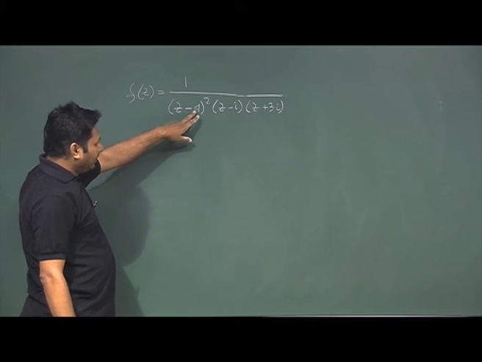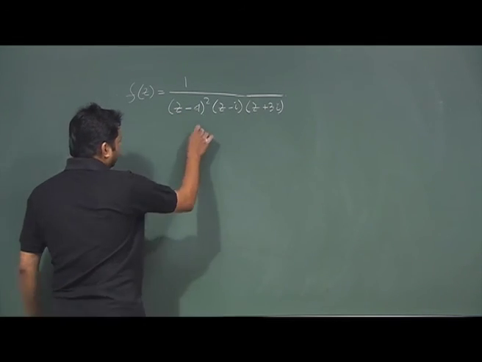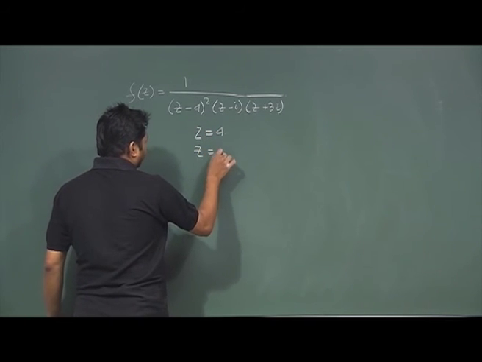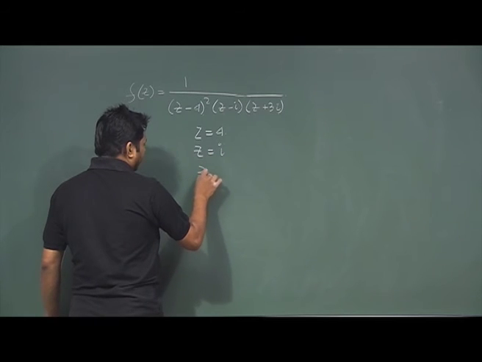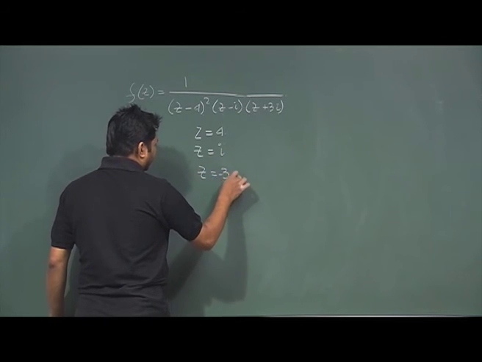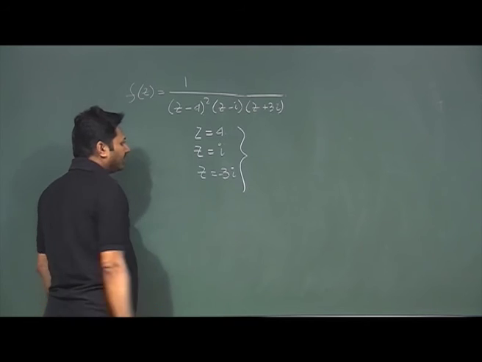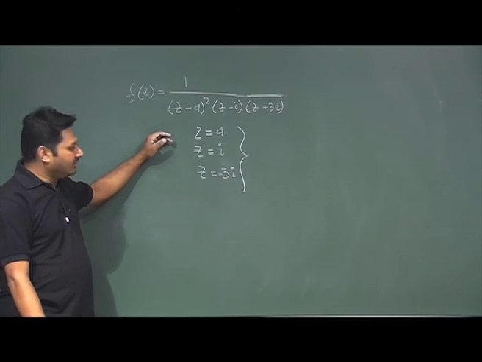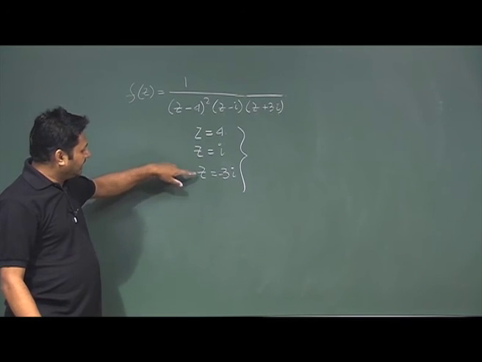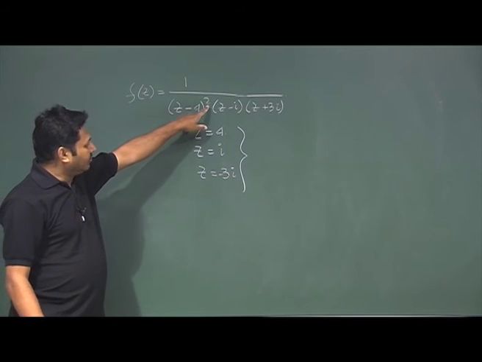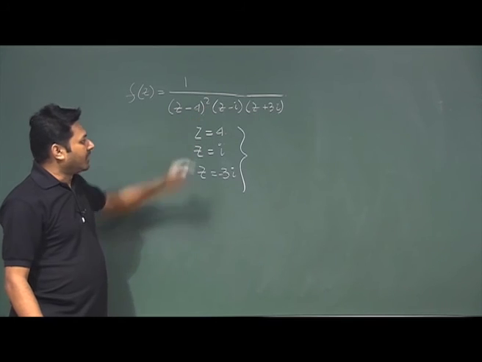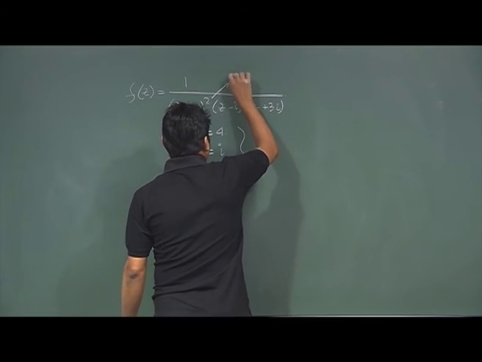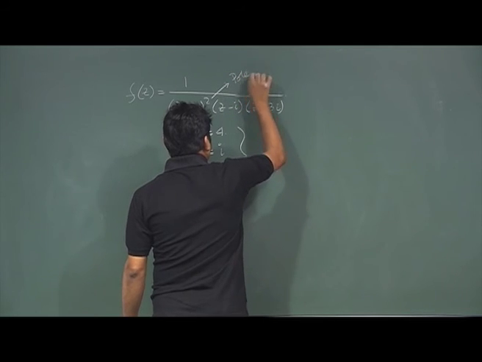There is one singularity at z equal to 4, another singularity at z equal to i, and another singularity at z equal to minus i. So, there are 3 different isolated singularities, but is there any difference between these 2 singularities and this one? We have something here which is called a power. So, this is called the pole, this is called the pole of singularity, pole.